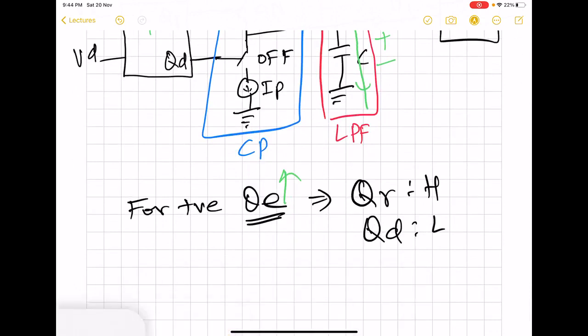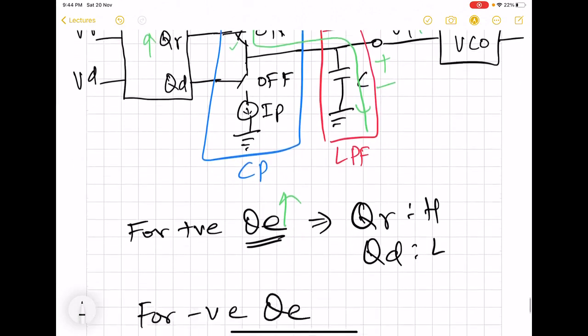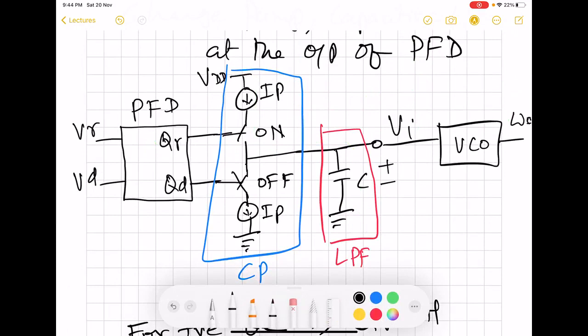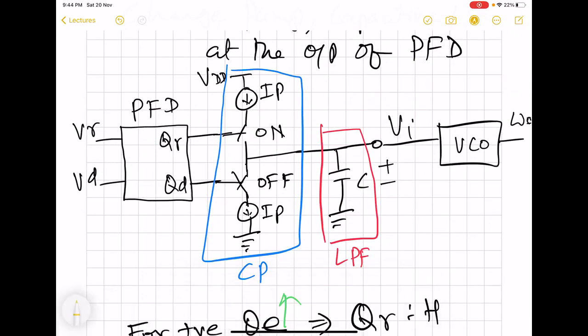Now, what happens for the negative? For negative phase error, we will have the reverse scenario. That means now this lower switch is going to close, and whatever charge was accumulated in the capacitor will now be pulled out of the capacitor.